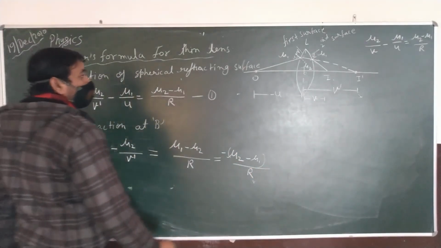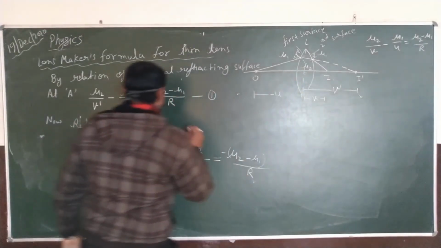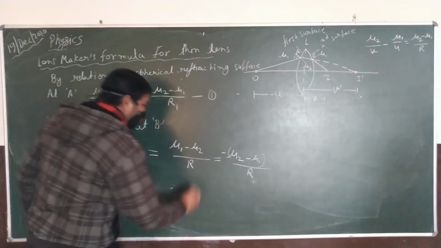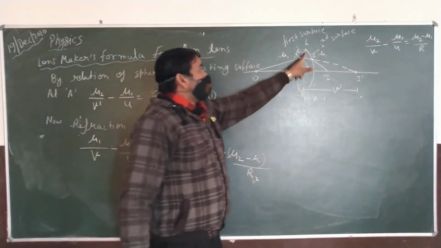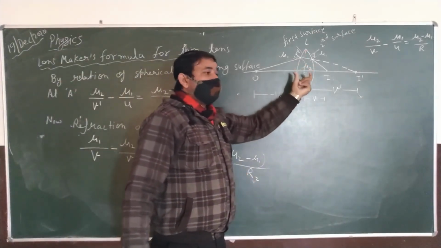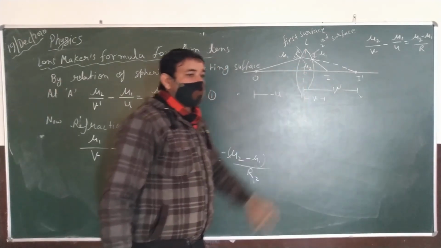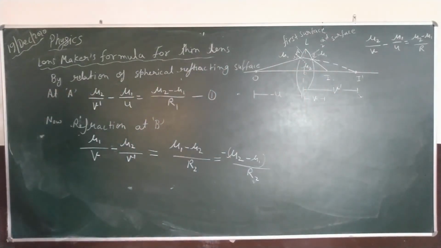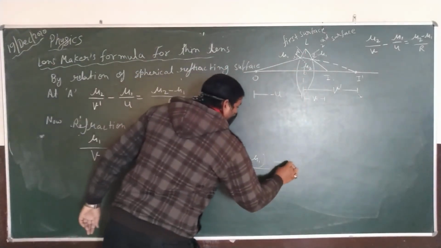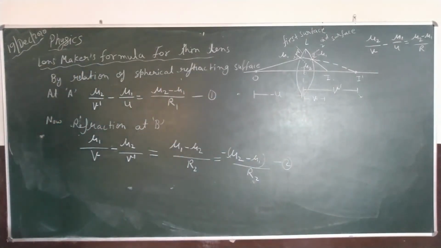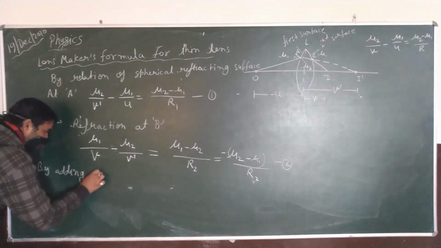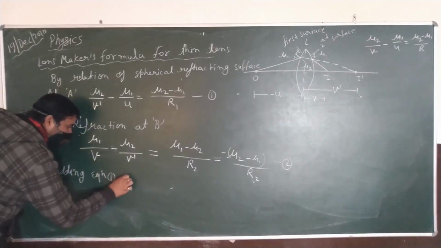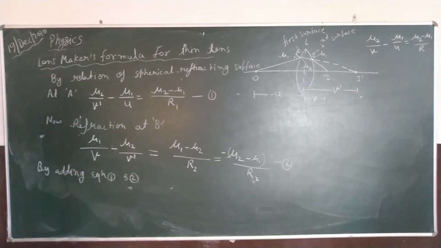Or we say for this is R1 and for this is R2, because the radii of the two different spherical surfaces should be different. Therefore, this is your equation second. Now, by adding equation 1 and 2, what do we get?